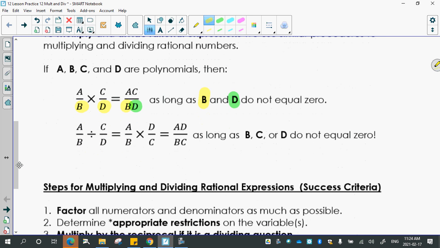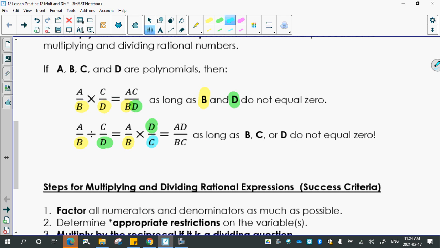In the initial divide question, for the first fraction the denominator can't be 0, and for the second fraction the denominator can't be 0. Everyone agree? But then when you use the rule, B moves up here. It still can't be 0. But now C moves to the bottom, so it can't be 0 either.